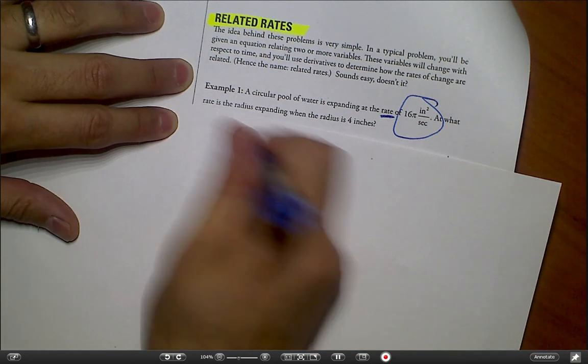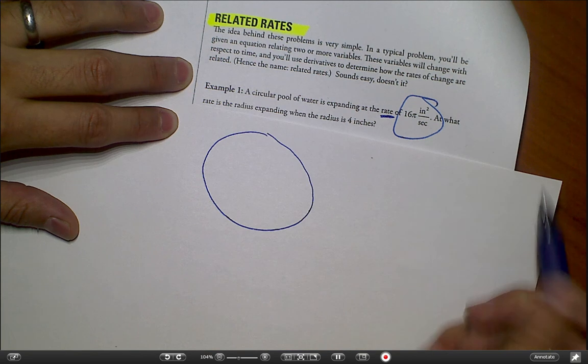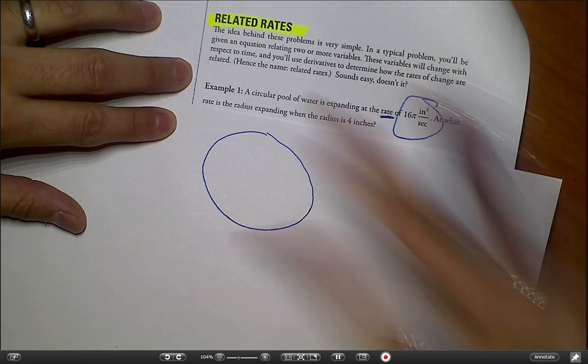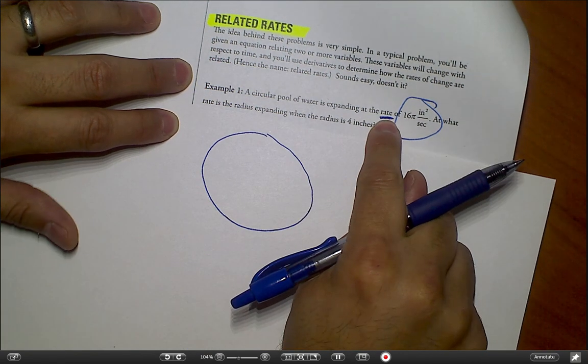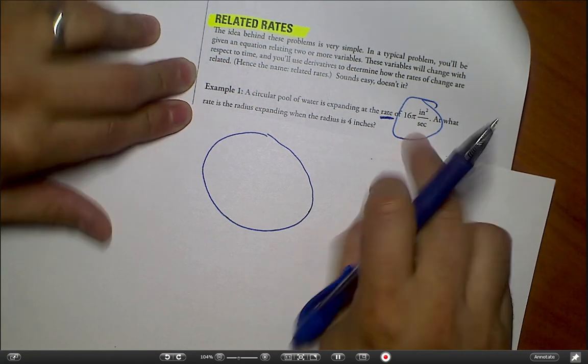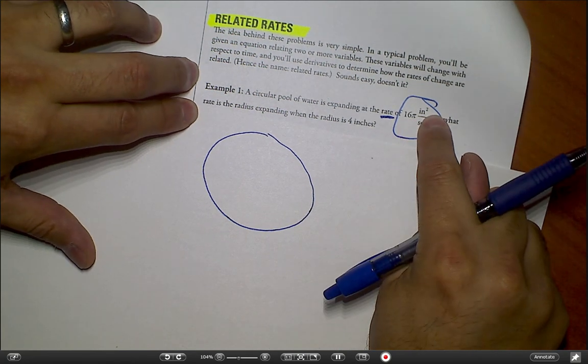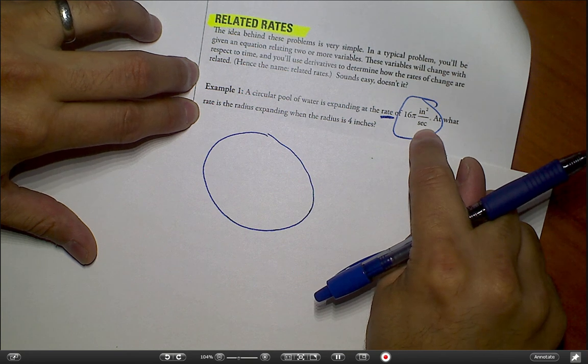So I have my circle pond. Circular, it doesn't say exactly, but a circular pond is expanding at a rate of this. So that means my units are going to be this per second, right?